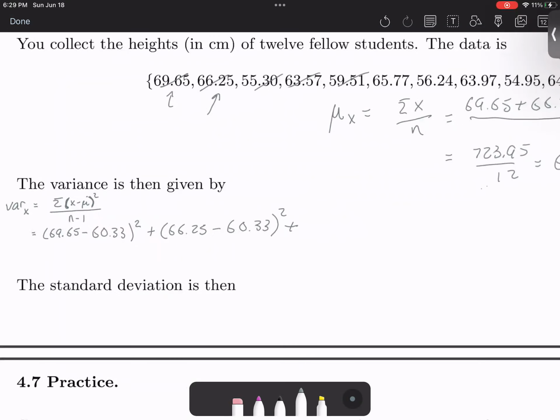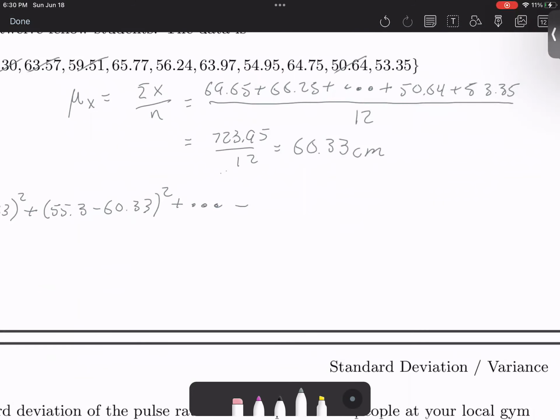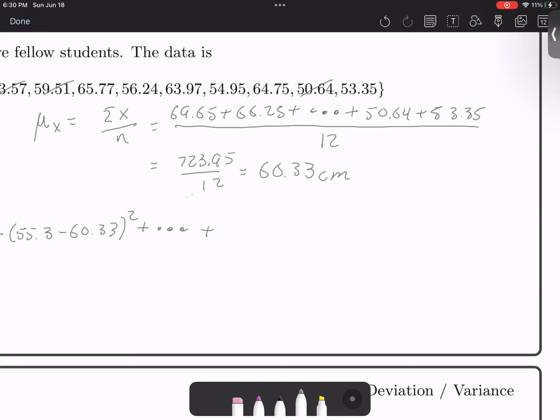The next value is 55.3. So X minus mu squared. Right, this sum right there tells you to add all of those.